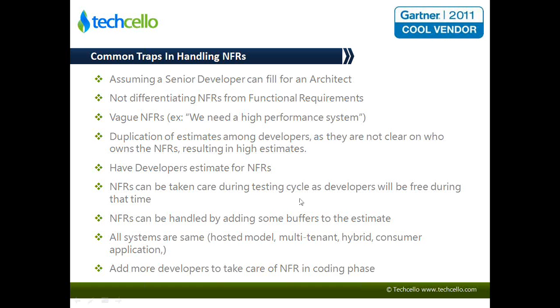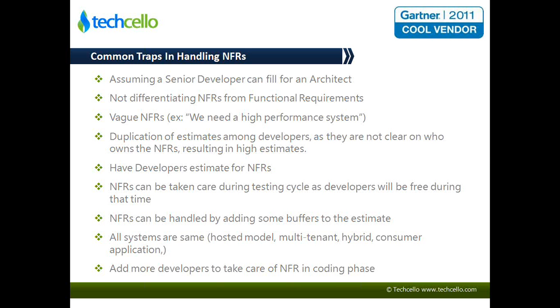And the other common myth is the NFRs can be handled if you just put some buffers. So this is where the fixed bid quotation itself goes up in many cases, because the functionality part, the project manager and the team are very confident. They go ahead and put the exact numbers. But when it comes to the technology risks and the non-functional requirements, they don't have that level of confidence, so they end up quoting some kind of buffers into the estimate, hoping that that buffer should help them to take care of it.